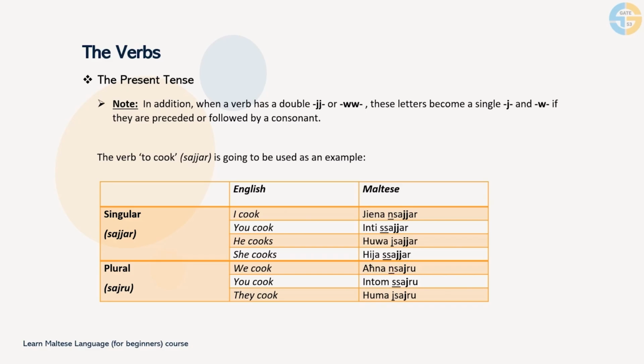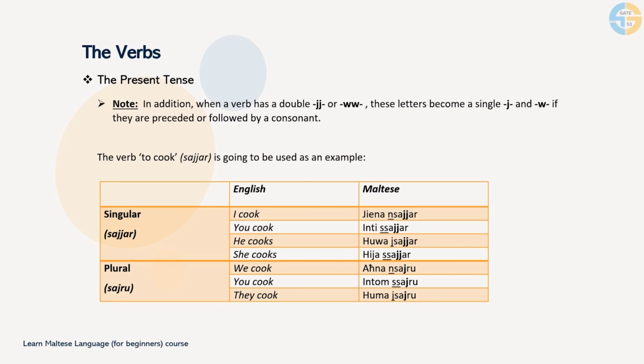He cooks, huwa jsajjar. She cooks, hija tsajjar. In the plural, it changes from double y to a single y. We cook, aħna nsajru.